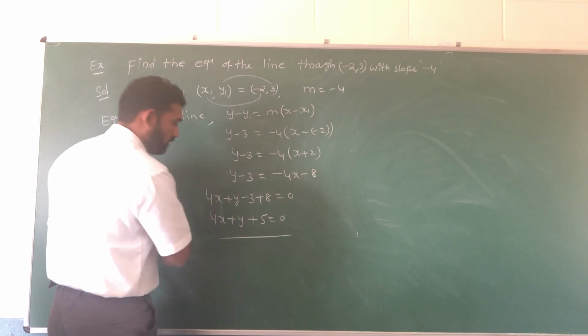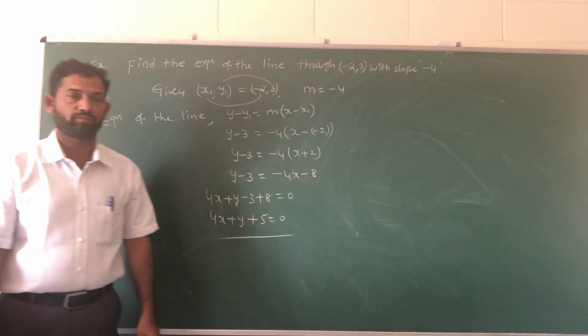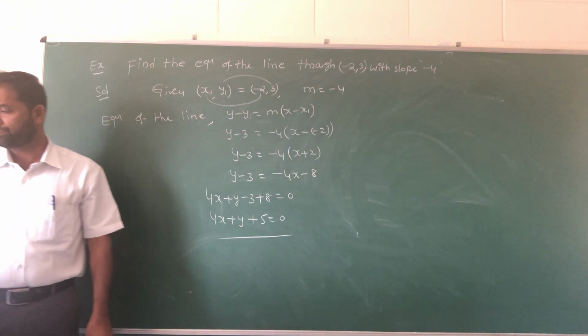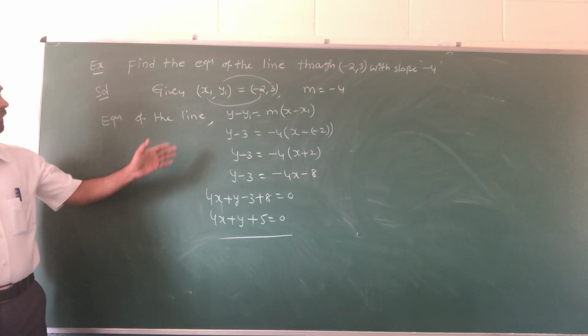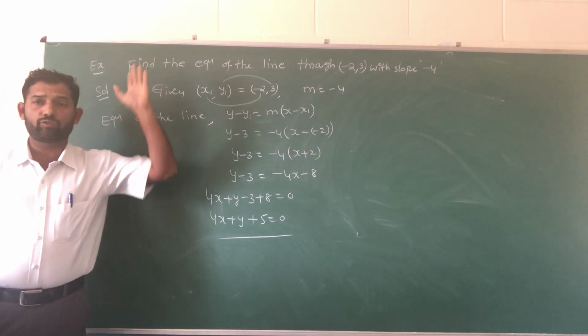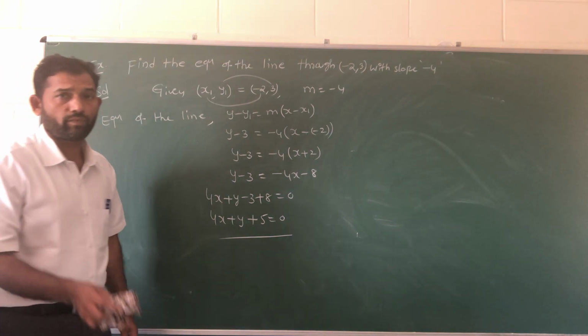That is the equation of the line. Note it down fast. This is the equation of the line if they are given a point and slope.